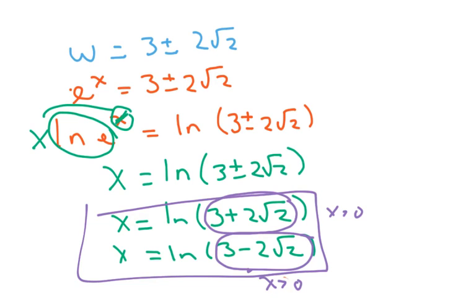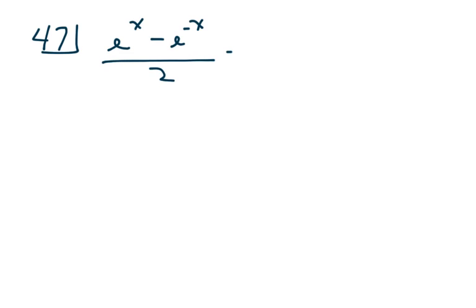Okay. 47 is the same thing. You have to use a quadratic formula for it. So let's get it started. We have e to the x minus e to the negative x over 2 equals 2. And you cross multiply, and you're going to get e to the x minus e to the negative x equals 4.